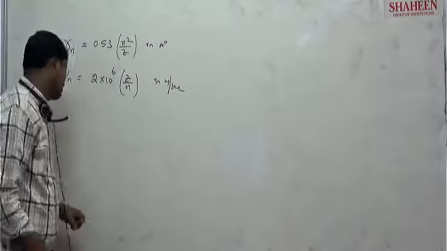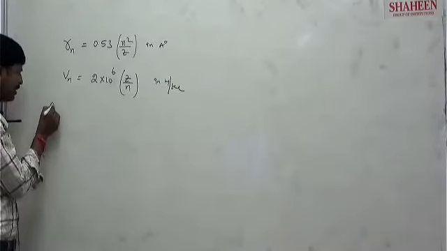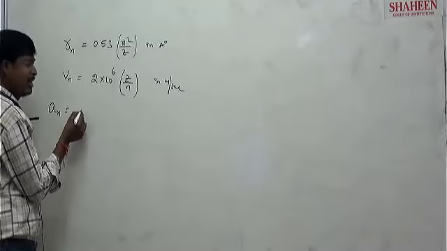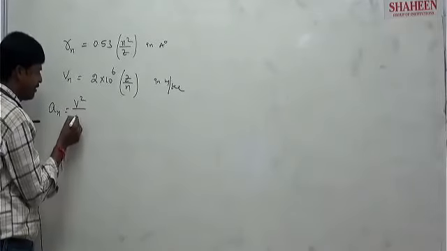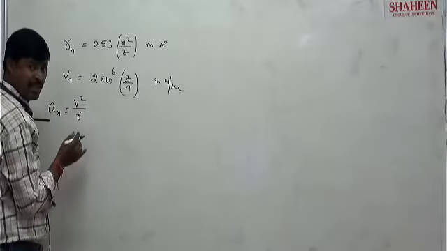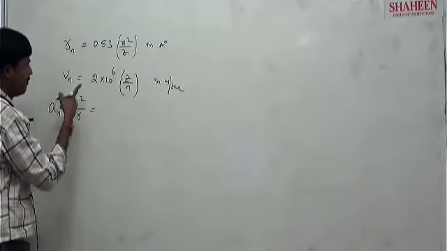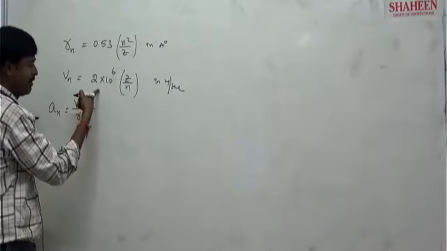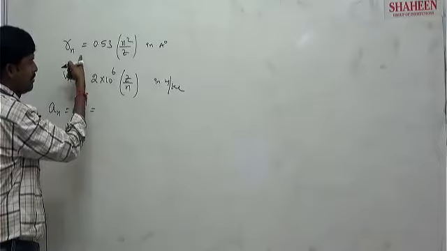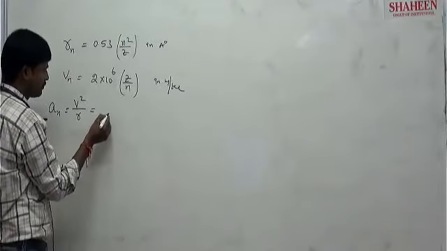Now acceleration. Acceleration in nth orbit is what? V square by r, the centripetal acceleration of electron. V square by r. So V square is this much, correct? And r is this. So can I write this one?